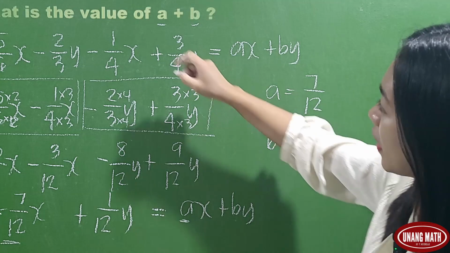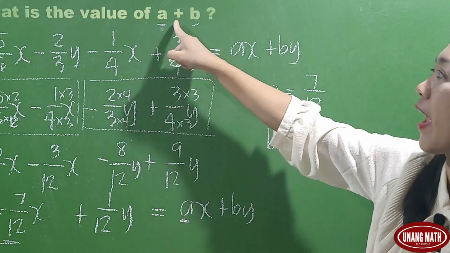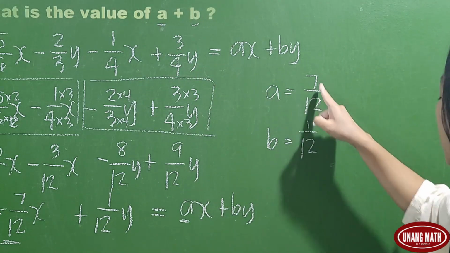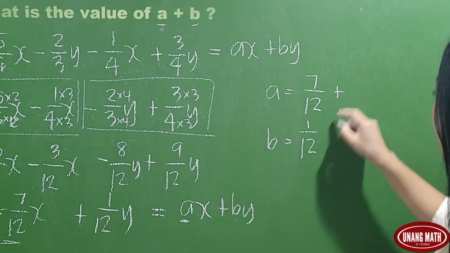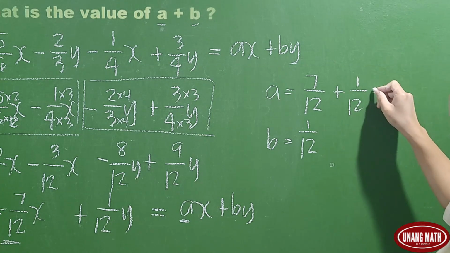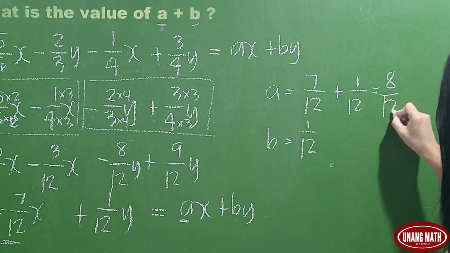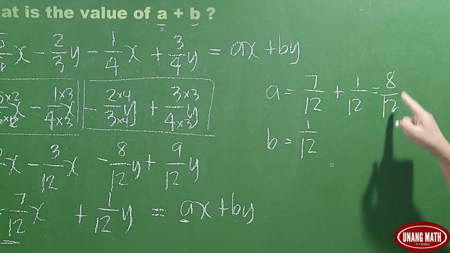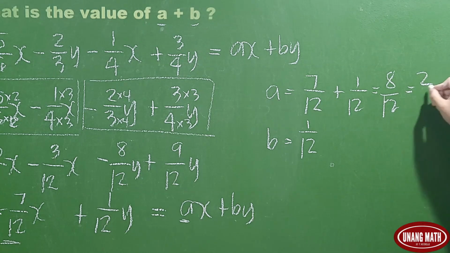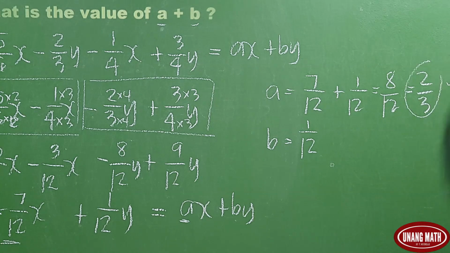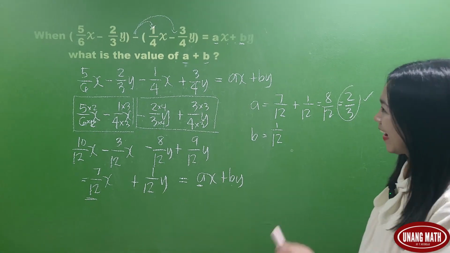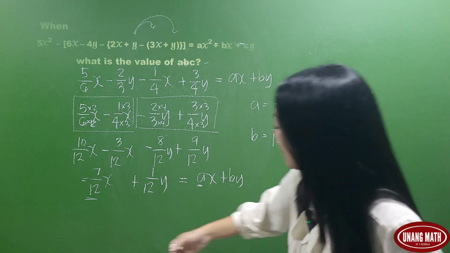Okay, the question is, what is the value of A plus B? So it means 7 over 12 plus 1 over 12. Then this is now equal to 8 over 12. And if we simplify, this is equal to 2/3.